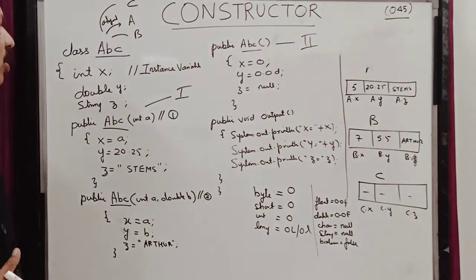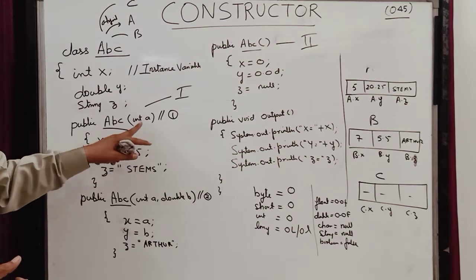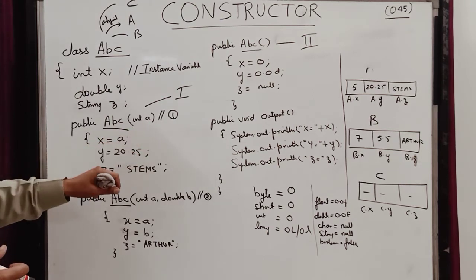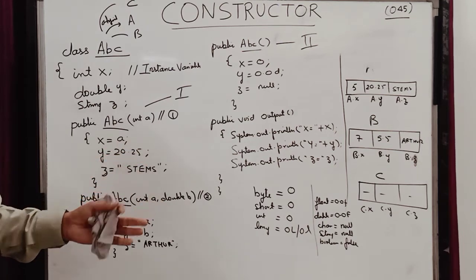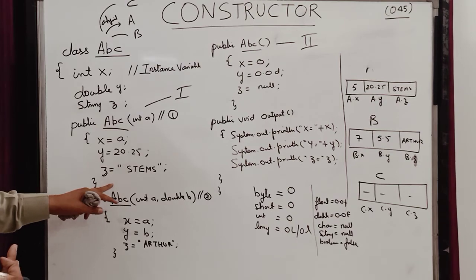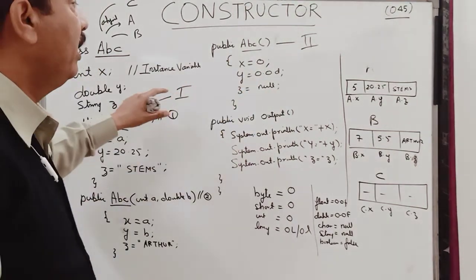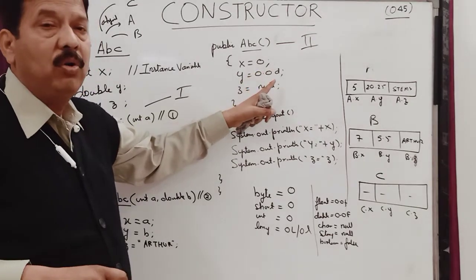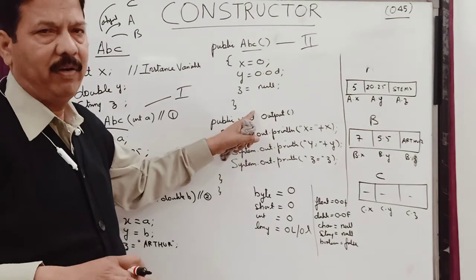Parameterized constructors are those constructors which have parameters, and the user provides a single value or more than one value, or all the values, to the instance variables of the object being created. And the non-parameterized constructor is also called a default constructor, where the values of the object are provided through the program or by the default values.